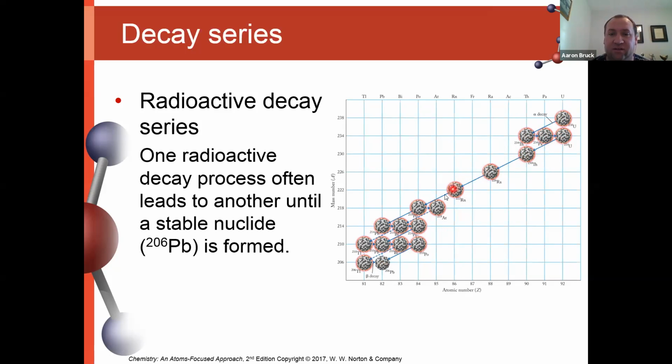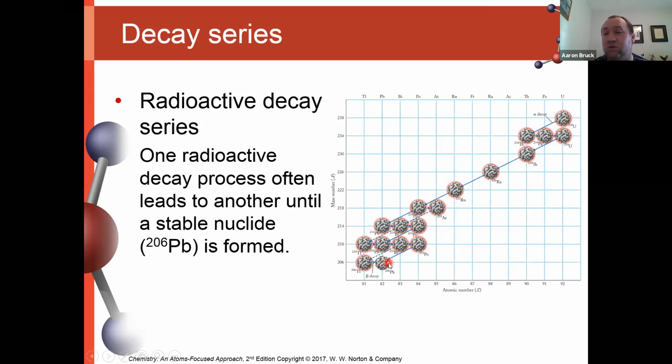Then here's a series of alpha decays, then a series of beta decays, then an alpha decay, then some beta decays, then an alpha decay. And so it could take 1, 2, 3, 4, 5, 6, 7, 8, 9, 10, 11, 12, 13, 14 nuclear processes, maybe even more sometimes, to go from an unstable isotope to a stable one.